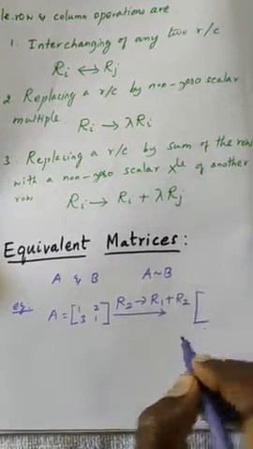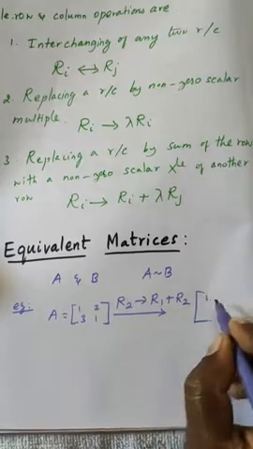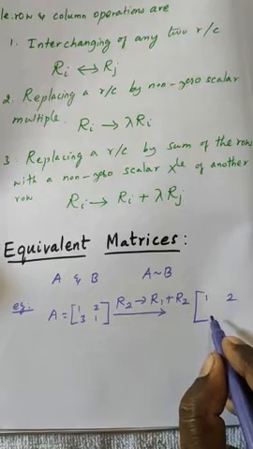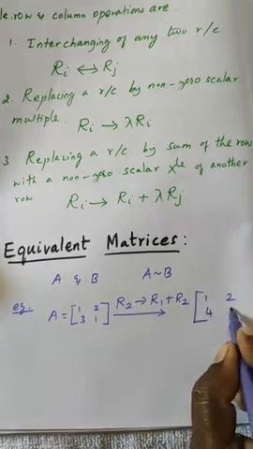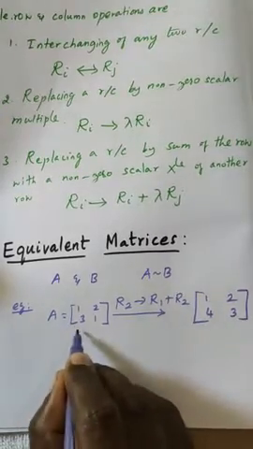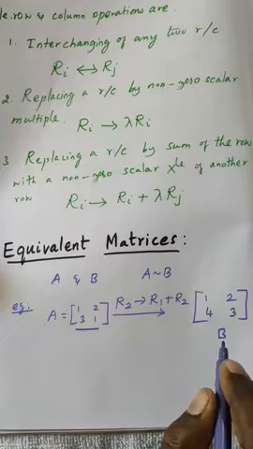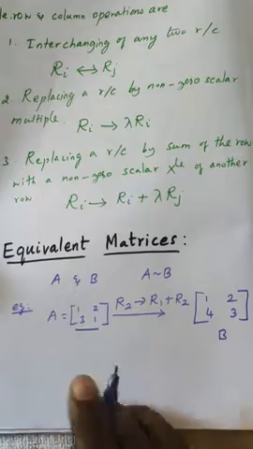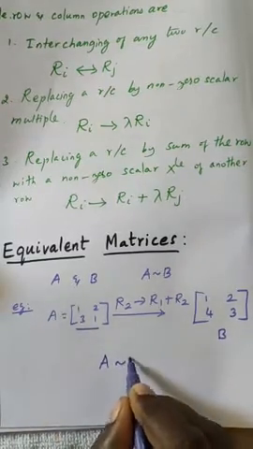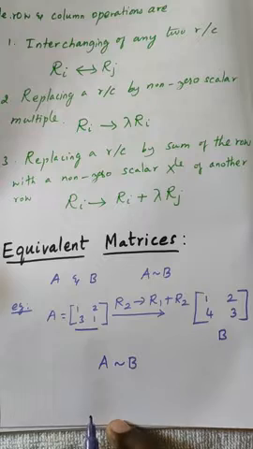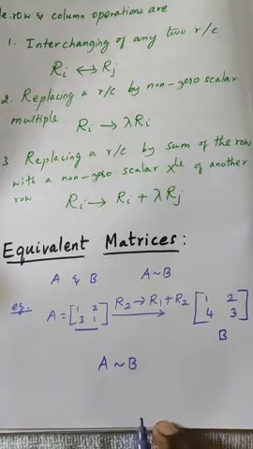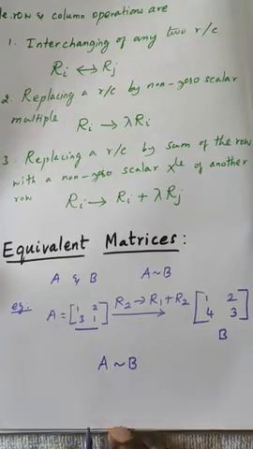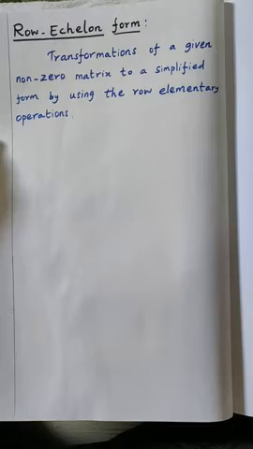Then we get row 1 is 1, 2, and row 2 is the sum of row 1 and row 2, 4, 3. This is matrix A and this is matrix B, obtained by the application of elementary transformation. Then we can say A equivalent B. The transformed matrix need not be equal to the given matrix.